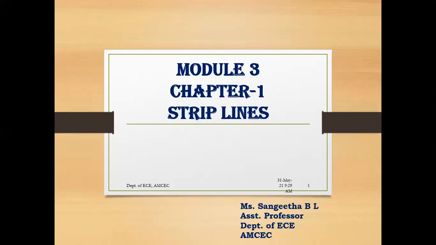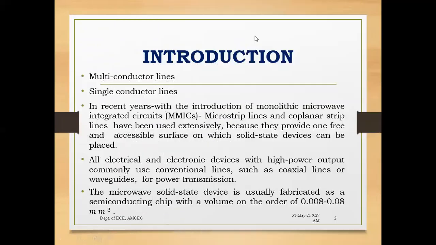So coming to strip lines, we'll just look at what a strip line actually is and why we are going for strip line. First, you have different structures which are mainly used for transmitting microwave energy. There are many structures you can use to transmit microwave energies. The first one we talk about is the multi-conductor lines.